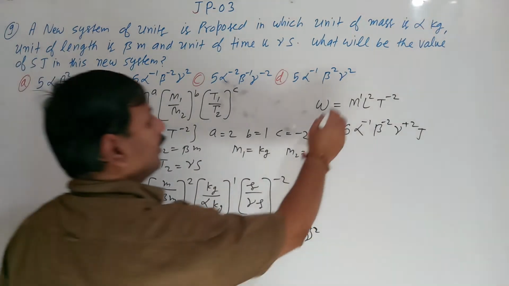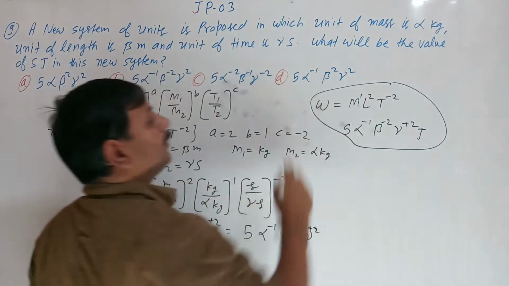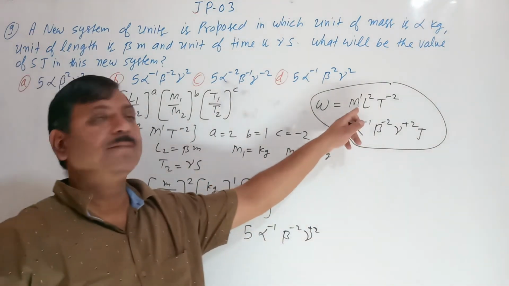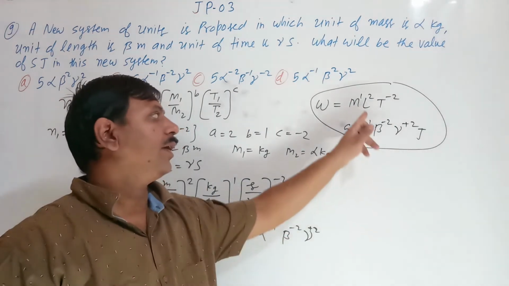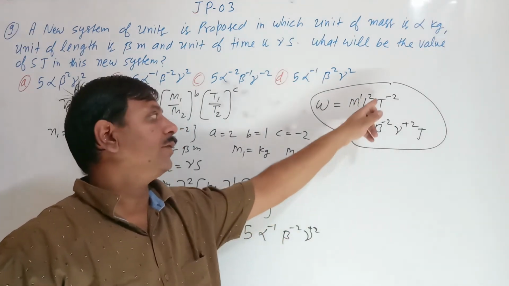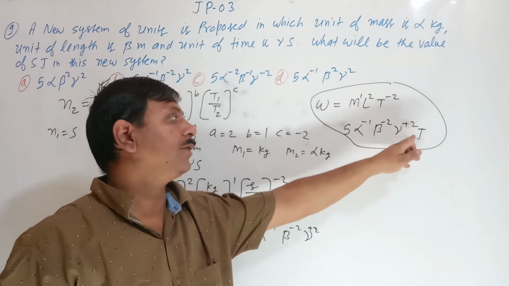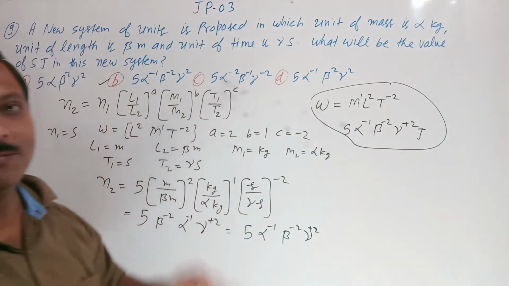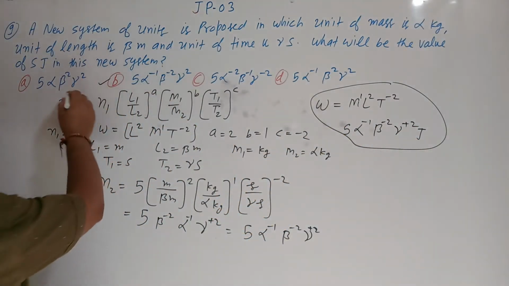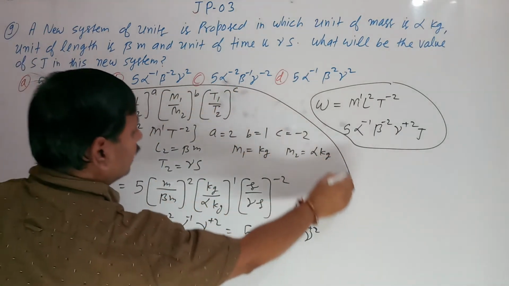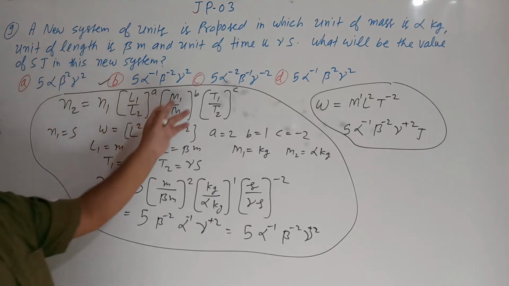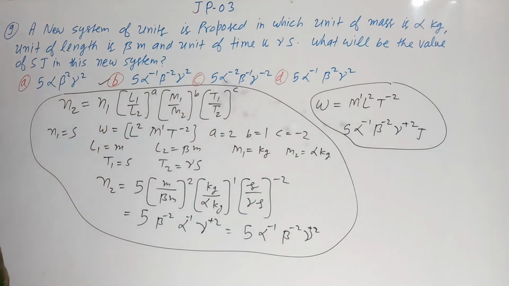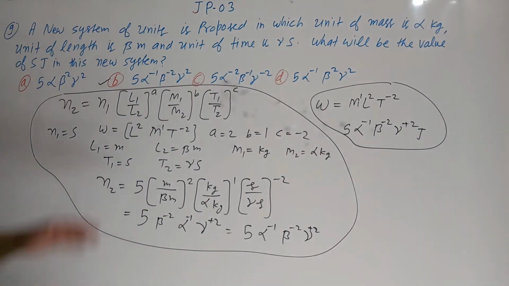I have told you the shortcut: in the new system, reverse that, or you can say the dimension formula becomes negative form. 1 minus 1, plus 2 minus 2, minus 2 plus. This is the shortcut, but the actual method is that. By this formula, N2 is equal to N1 L1 upon L2 power A, M1 upon M2 power B and T1 upon T2 power C, we can find the 5 joule in this new system.